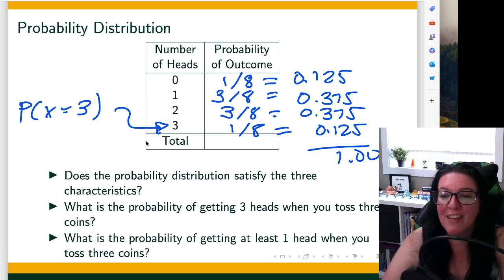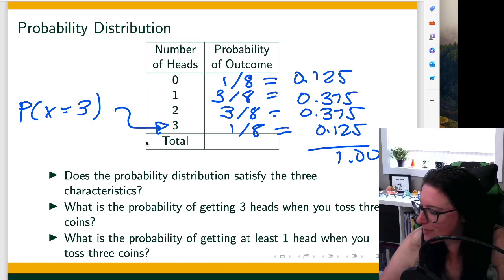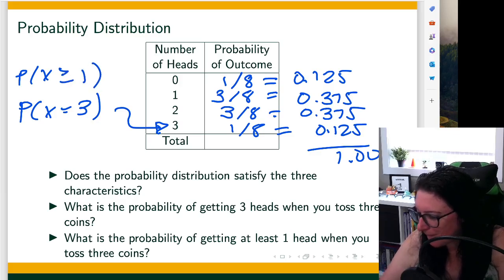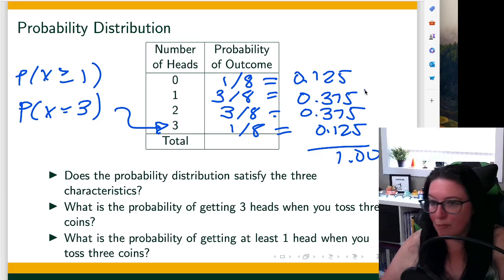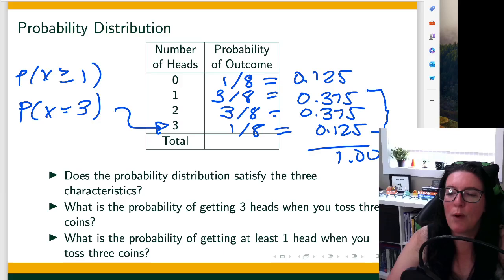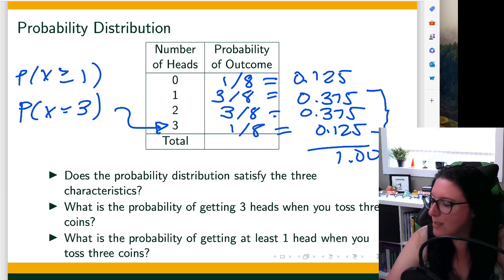What's the probability of getting at least 1 head? What's the probability that x is greater than or equal to 1? Well, that is going to be 0.375 plus 0.375 plus 0.125. In other words, it's all of the options except for having 0 heads.